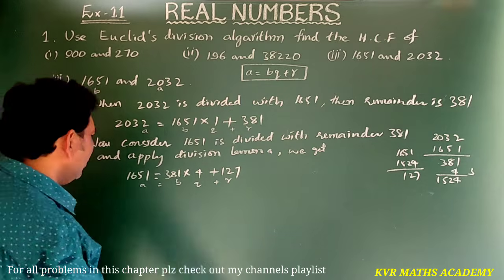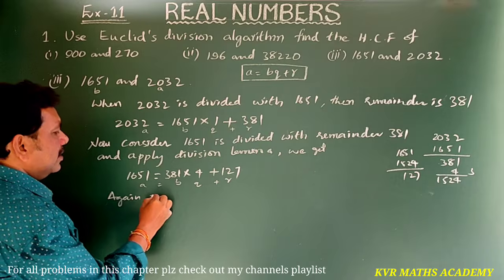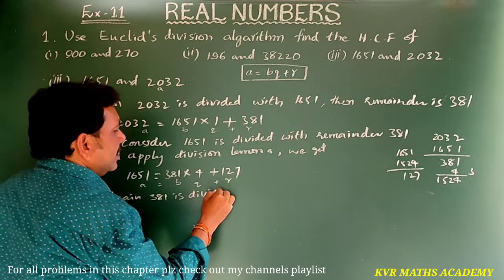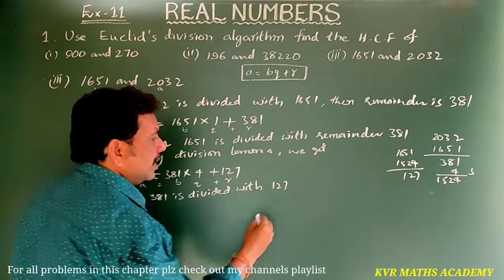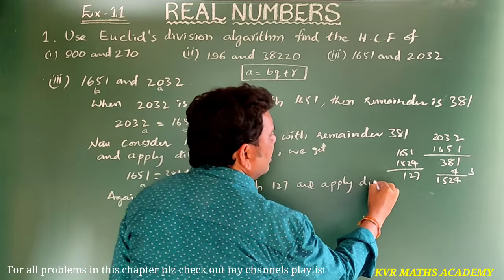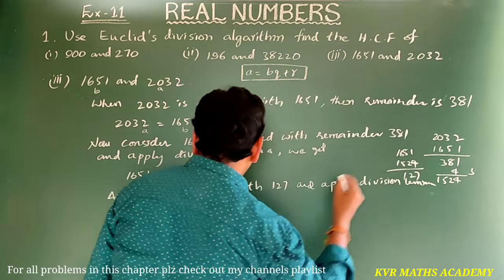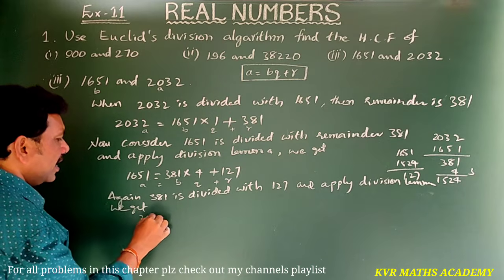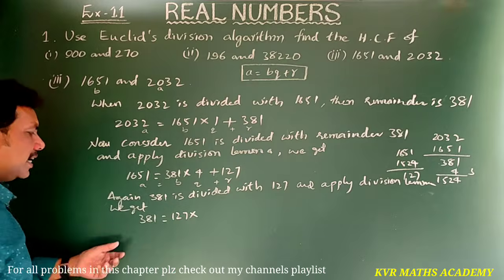Here now again 381 is divided with 127 and apply division lemma, we get, see, 381 is equal to 127 into how many times get cancelled?